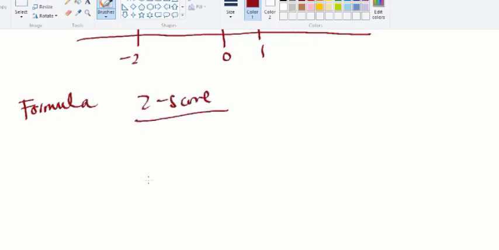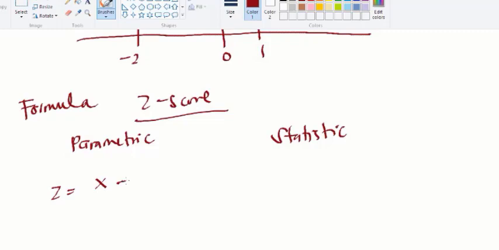We have the parameter side and the statistic side. Remember, when we are talking about parameter, it's the population. So, z is equal to whatever that score is minus the mean, mu, over the standard deviation. If we are talking about statistic, it is still x minus the mean, but the mean is now represented by x bar, over the standard deviation.